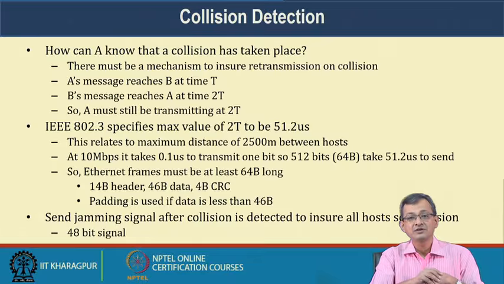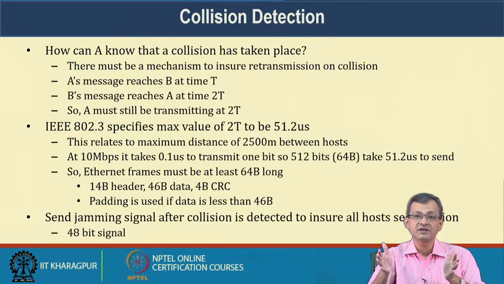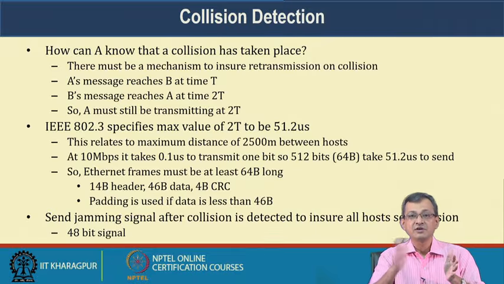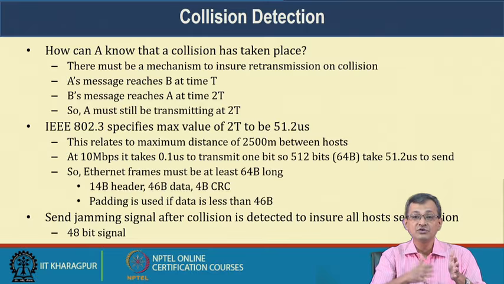In other words, 0 to 46 bytes is the padding of the data, and up to 1500 is the data. So, that is the requirement of that particular payload field.